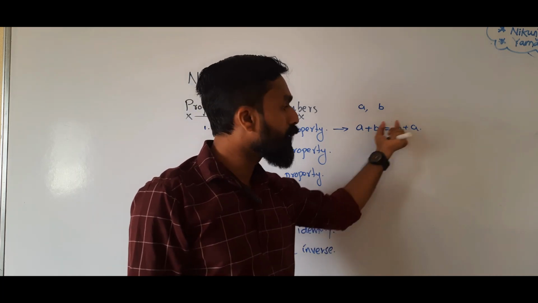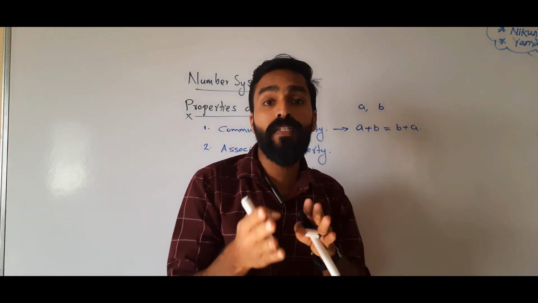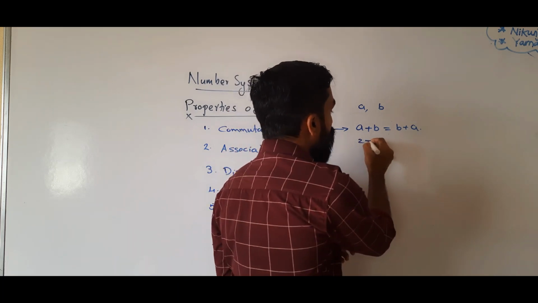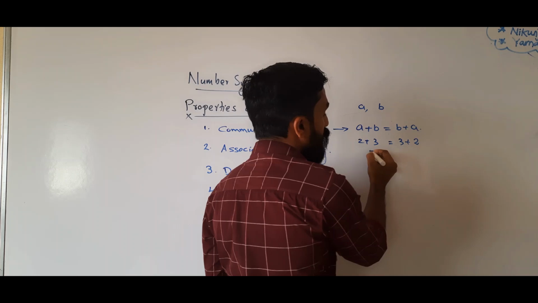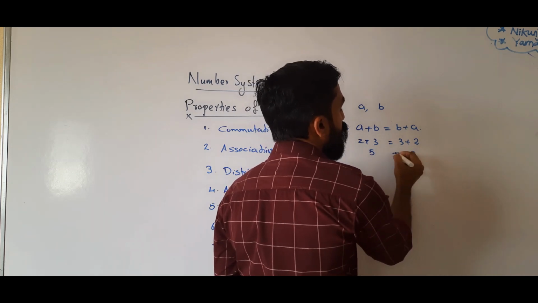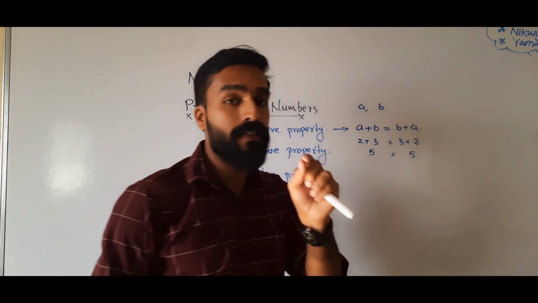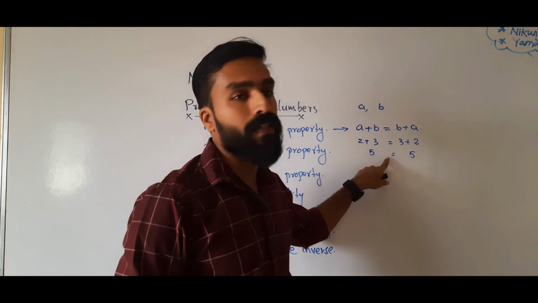For example, 2 plus 3 and 3 plus 2. If you find 2 plus 3, we know it is 5, and here also 5 will come, so both are equal. So we can say that in the case of addition, this property is satisfied.